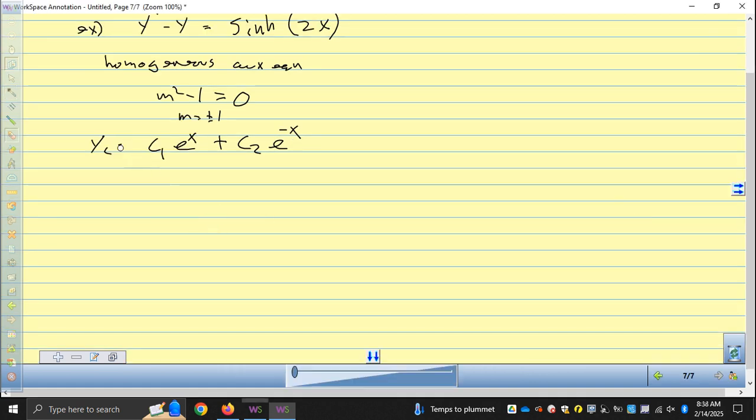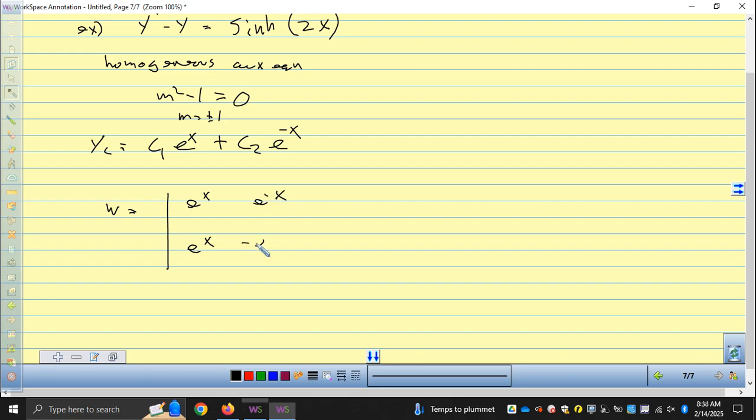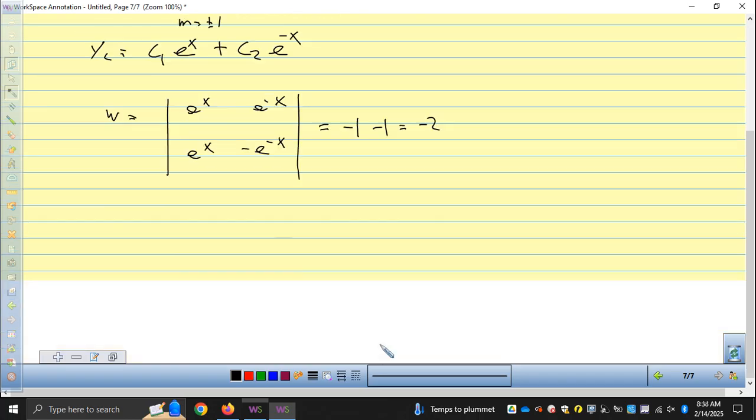So my Wronskian is, this is y1 and this is y2. So I get e to the x, e to the x, e to the minus x, minus e to the minus x. So the Wronskian is -1 minus 1, which is -2. So that's nice.